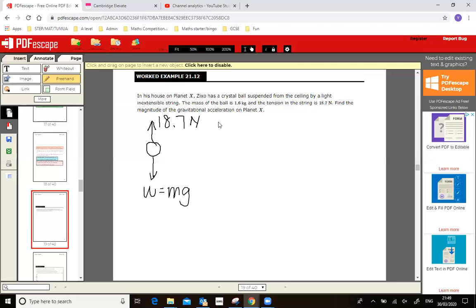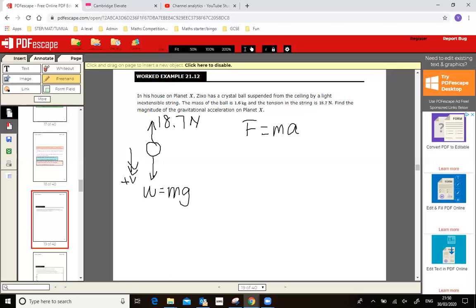Okay, now we know that the forces are balanced, so let's use Newton's second law, F equals ma. The resultant force acting on the crystal ball depends on which direction you pick as positive. Let's say I pick downwards as the positive direction.